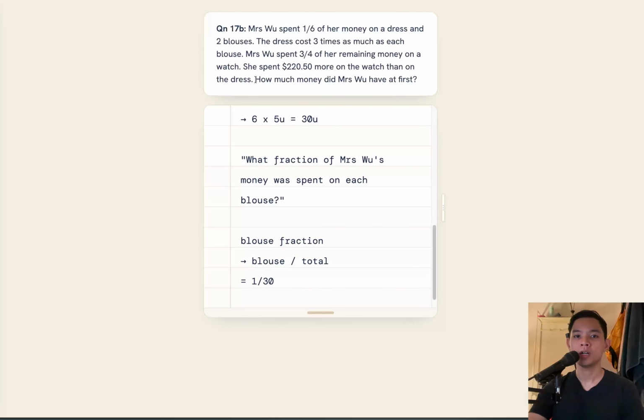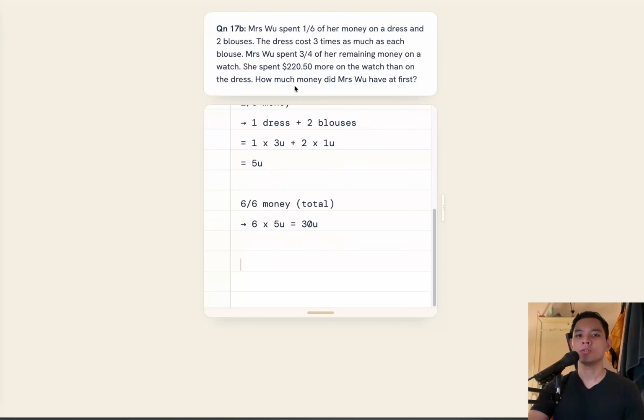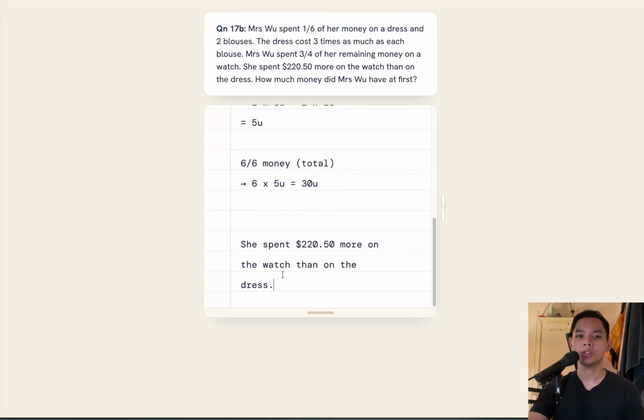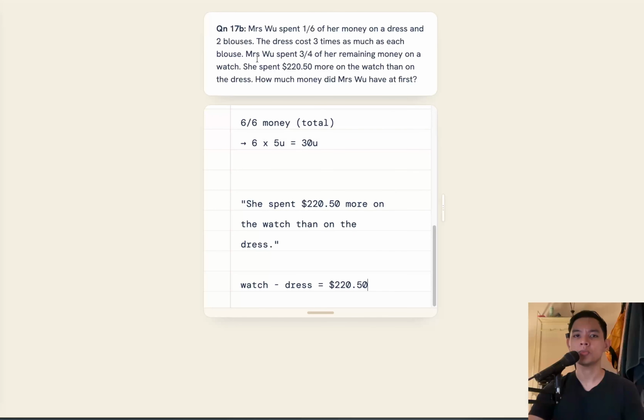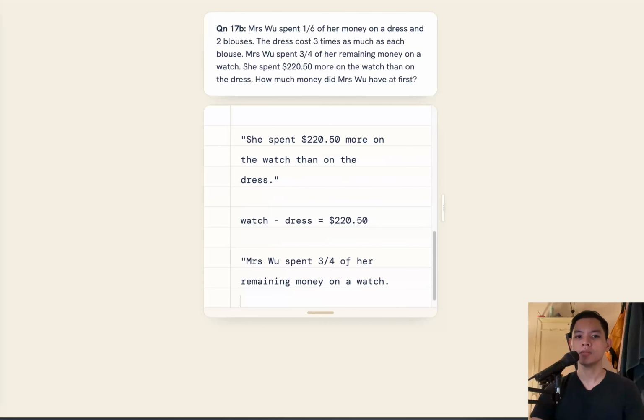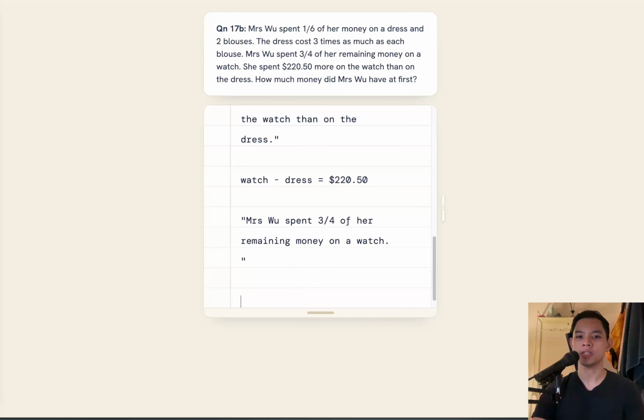So part B, how much did Mrs. Wu have at first? So first, we need to know how much is the watch, because we know that the watch minus the dress is $220.50. Pretty straightforward. So we want to find the watch. So that means let's look at the statement. Mrs. Wu spent 3/4 of the remaining on the watch.